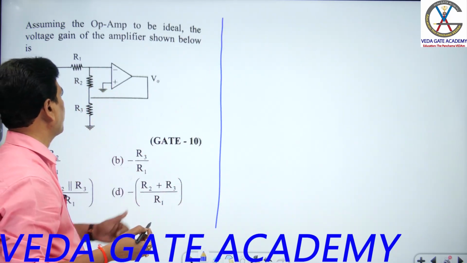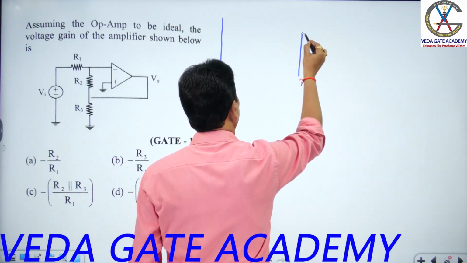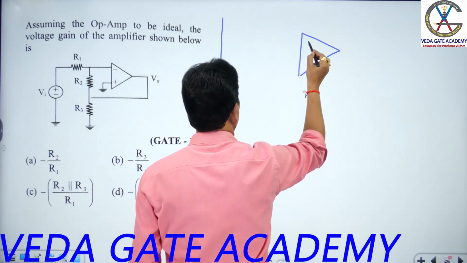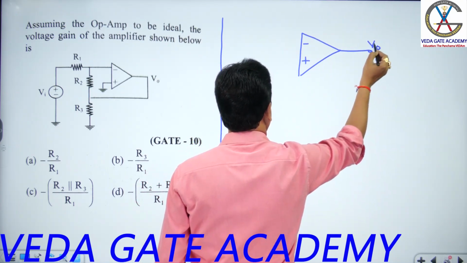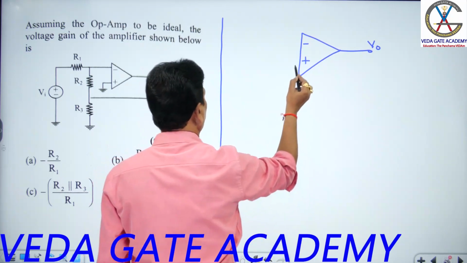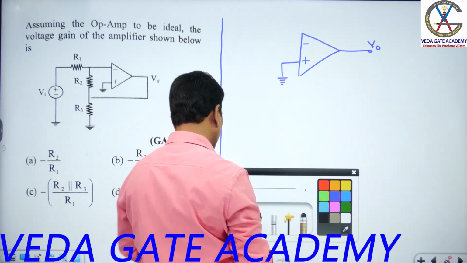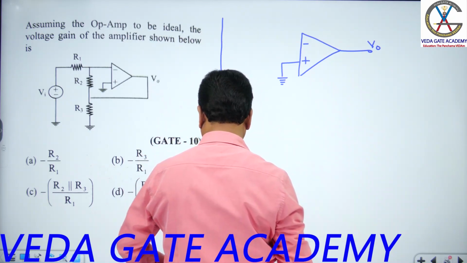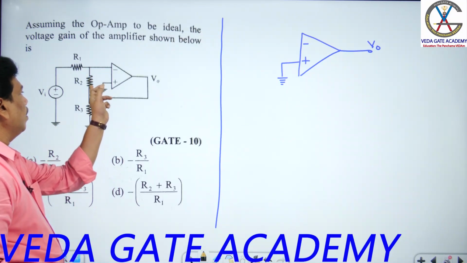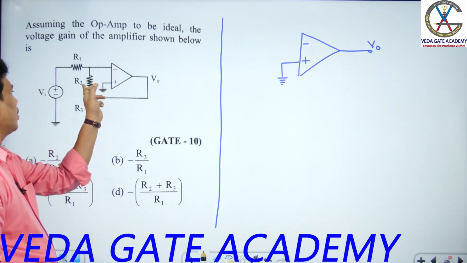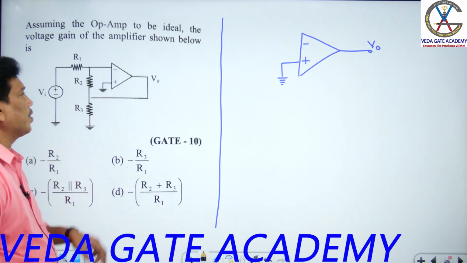First I redraw the circuit that is given. This is minus, this is plus, with the output V0. Correct, students? The non-inverting terminal is grounded. Now I make the remaining connections. Between the inverting input and the output, who is there? This is the inverting node. R2 is there.